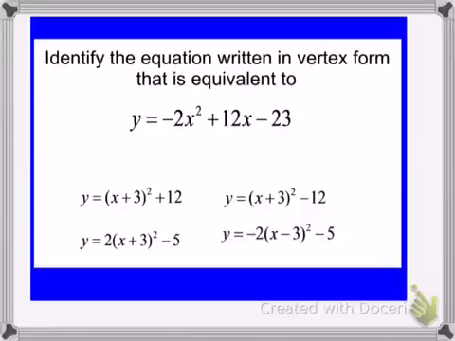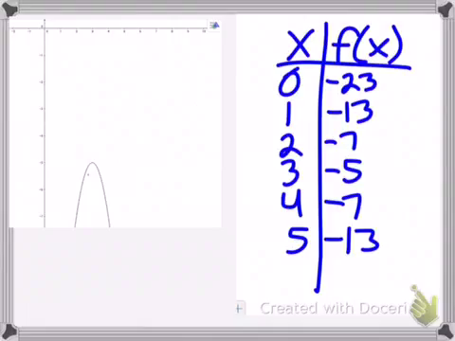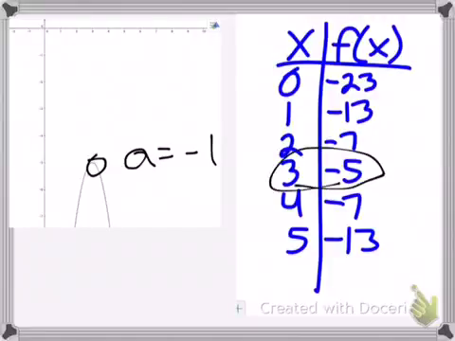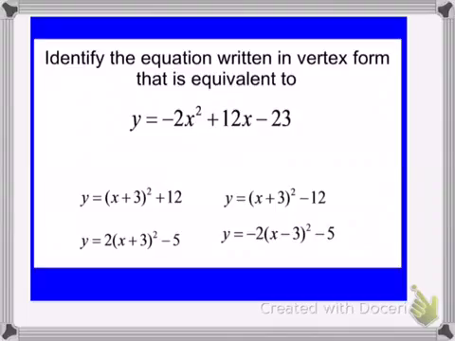Right here, identify the vertex of the equation. So we graph it. Right here at our graph, our vertex is 3, negative 5, and it's flipped over. So we know our a value is going to be negative. So right here we see it, 3, negative 5, and our a value is negative. So look at our equation. We know our a value is negative 2, and we know it's been 3 to the right, so it's going to be opposite in sign there.